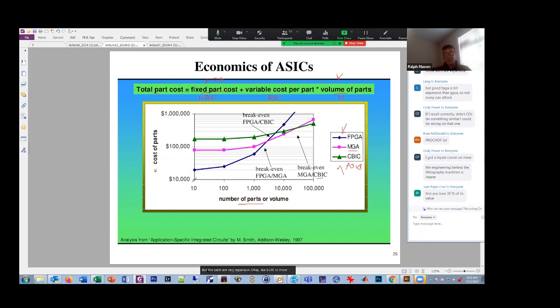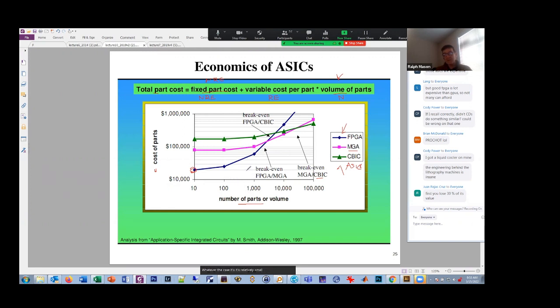If I'm only selling 10 parts for an FPGA, maybe I spend $20,000. There's 10 parts, so let's say the parts are $100. That's $1,000 and we paid you $19,000. That was $20,000. Whatever the case, it's relatively small.